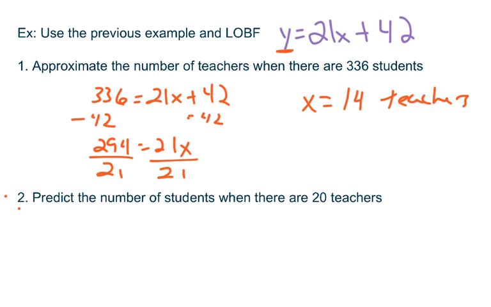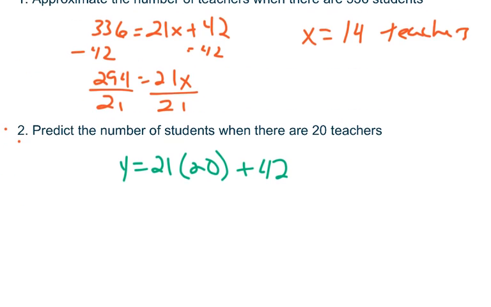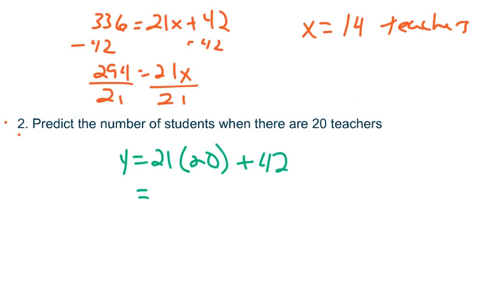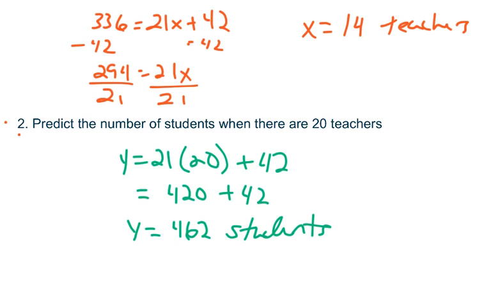Okay, so 20 teachers, remember x is the number of teachers, so now we're going to replace the x value here in our equation. So we'll say y is equal to 21 times 20 plus 42. This is something you can type right into your calculator. If you want to do 21 times 20 first, that's 420 plus 42, and we find that there would be 462 students in that building, which is a huge amount of students for only 20 teachers.